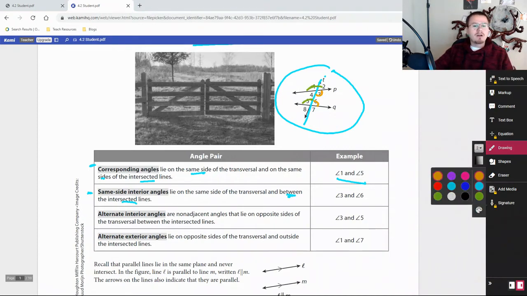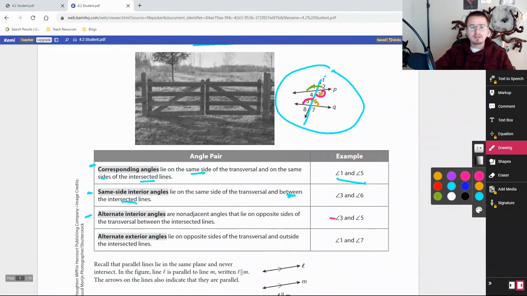We have alternate interior angles. They're non-adjacent, and they lie on opposite sides of the transversal between the intersected lines. So we have angle 3 and angle 5. So alternate interior, same side interior, and then you have alternate exterior.